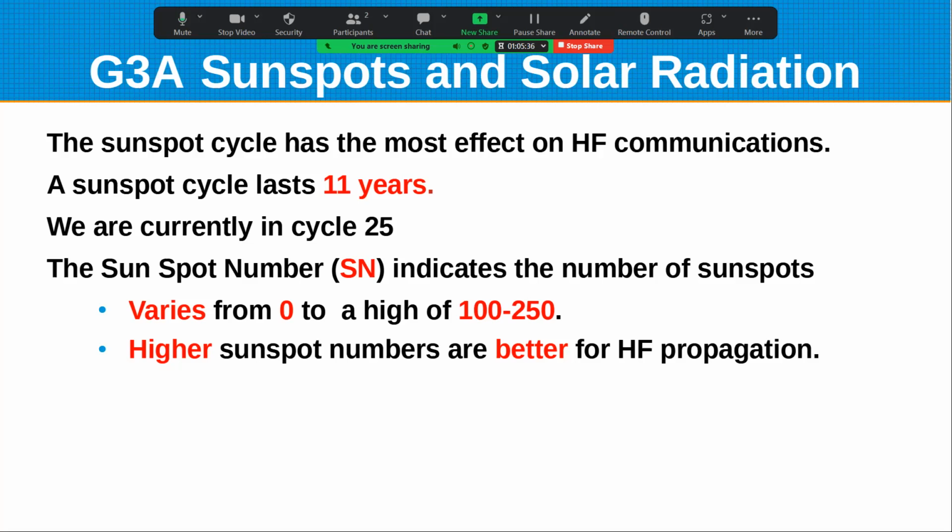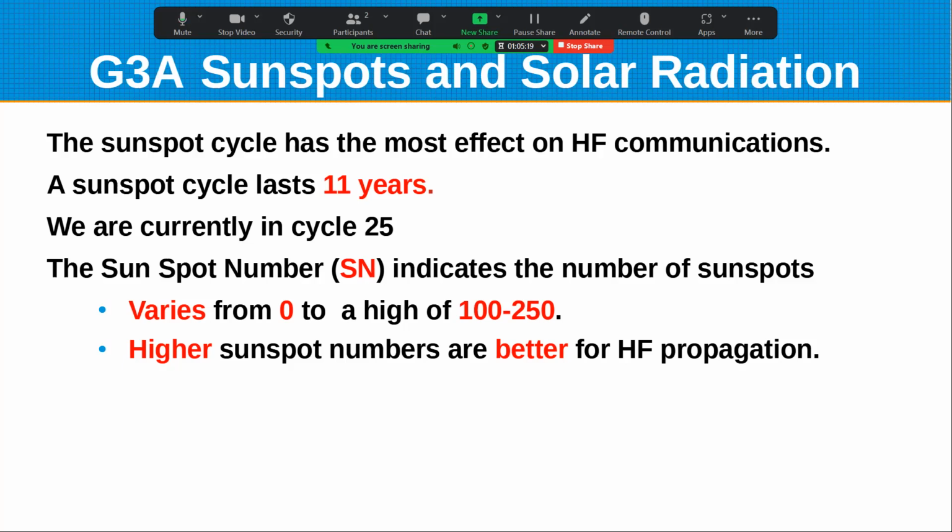And like he said, the sunspot number is going to be somewhere between 0 and 250. I think we're currently in the 70 or 80 range. I saw one the other day.